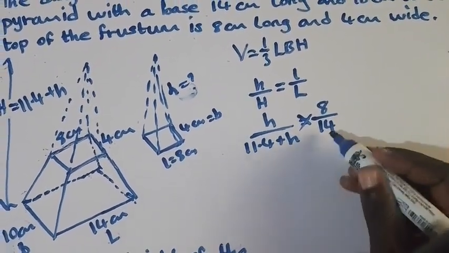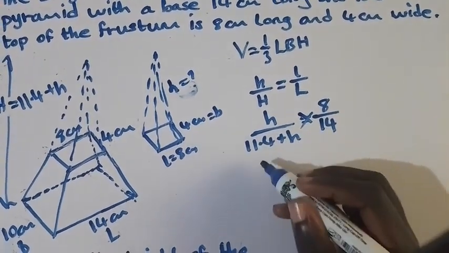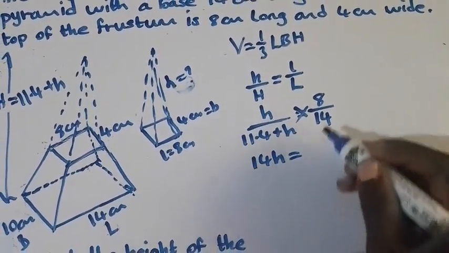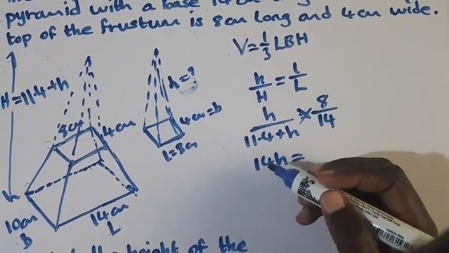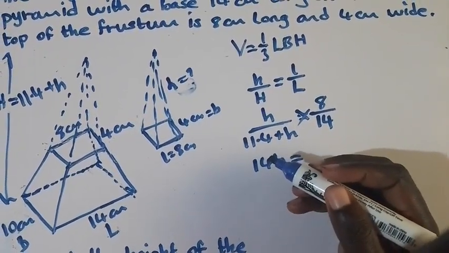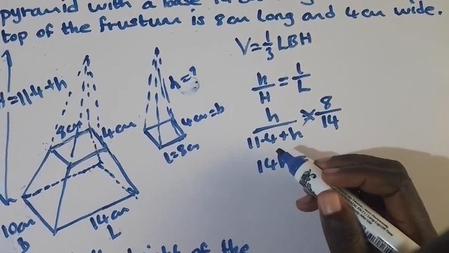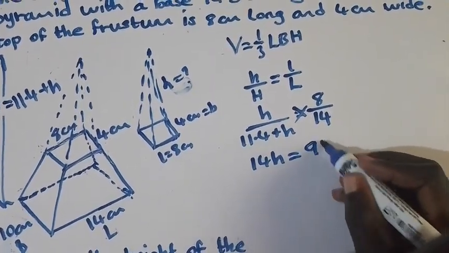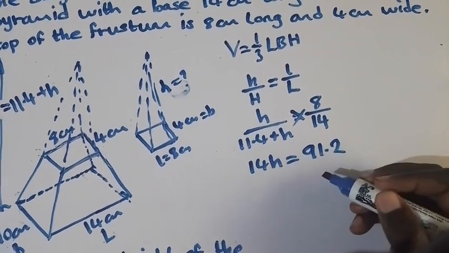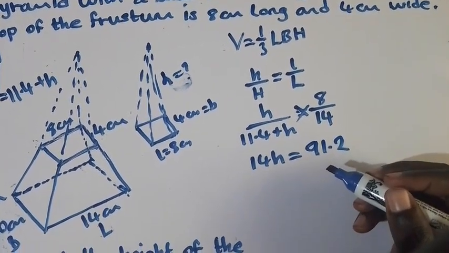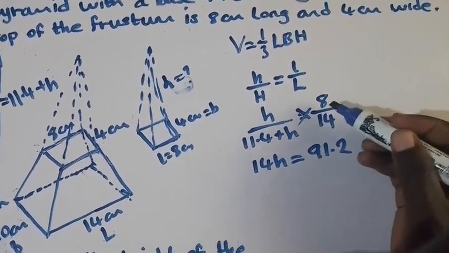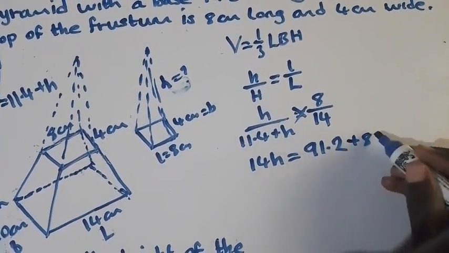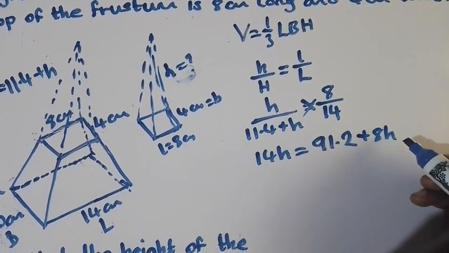I will say 14 times h, which is 14h, equal to 8 times 11.4, which is 91.2. You are free to use calculators. Then 8 times h, which is equal to 8h.